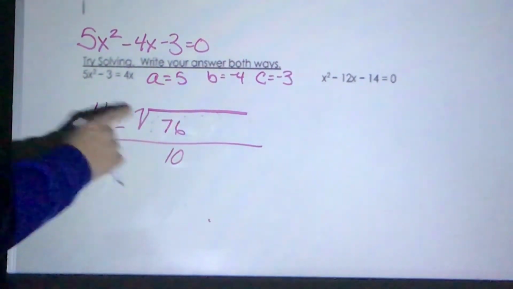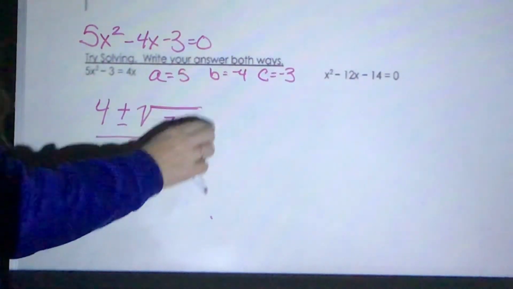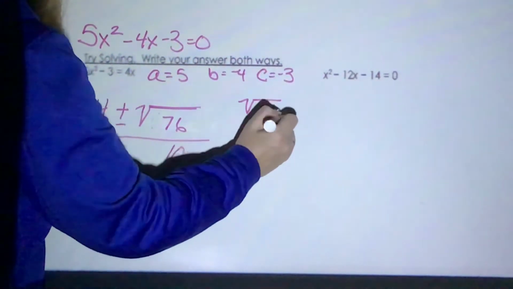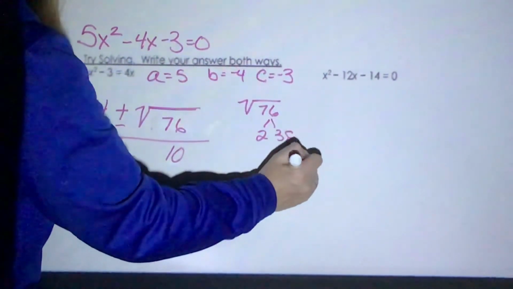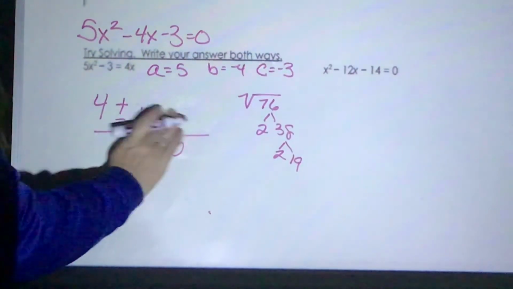Now, this would be my radical answer, but it's not simplified, so I need to simplify all of this. So I'm going to simplify 76. And I would get 2 root 19. So this becomes 2 root 19.